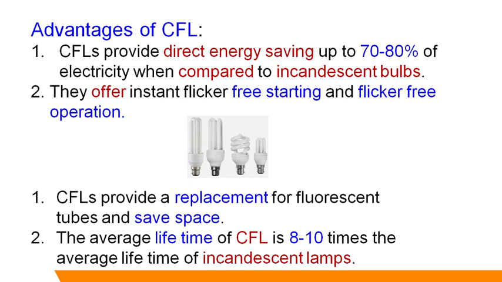That glaring effect is not there in the case of a CFL. The heat produced in a CFL is naturally very little. The only disadvantage is that the initial cost is very high. A normal incandescent bulb you may get for 40, and the CFL may be around 80 or 90.